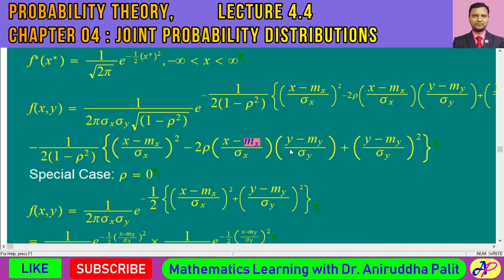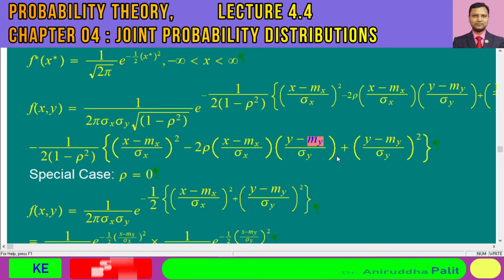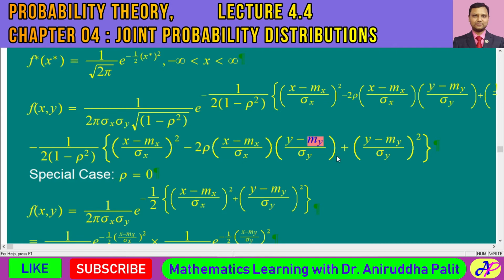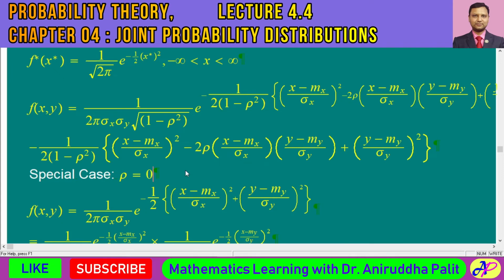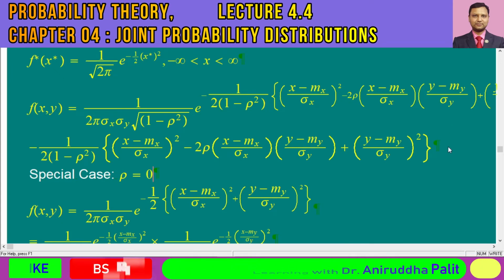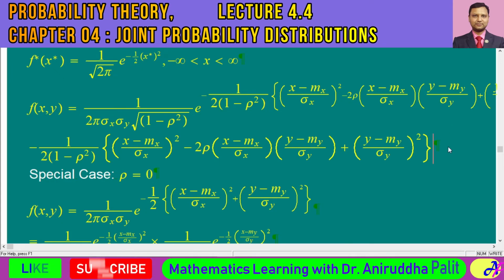One is mx, then my. Both of them may be positive or negative. Then we have the third parameter sigma x and the fourth parameter sigma y. Both of them must be positive. And this parameter rho varies between minus 1 and plus 1.